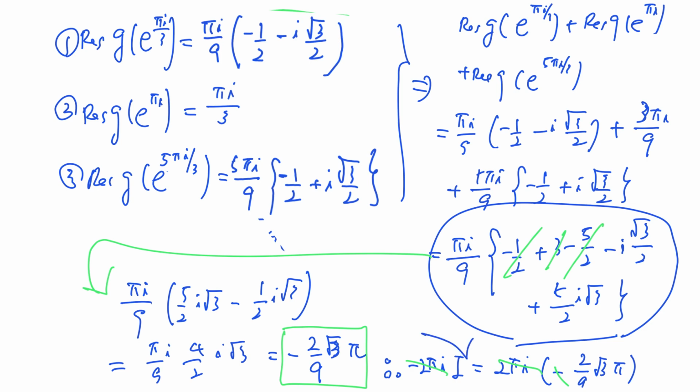Of course here we need to have 0 plus CR, right? But they are going to be 0. So we know the answer roughly that I is 9 over 2 root 3 pi.